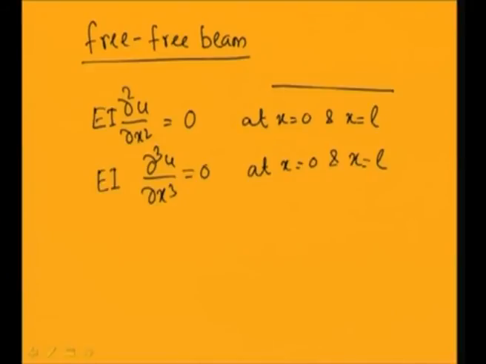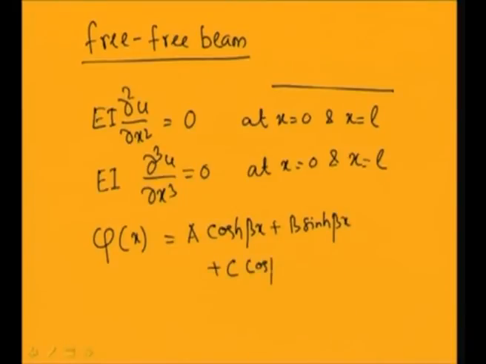So you can substitute this into the original expression for psi x, that is equal to a cos hyperbolic beta x plus b sin hyperbolic beta x plus c cos beta x plus d sin beta x.